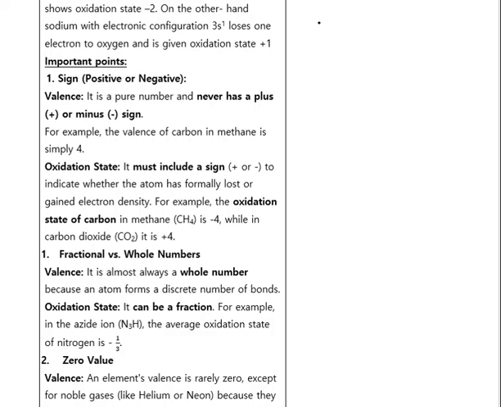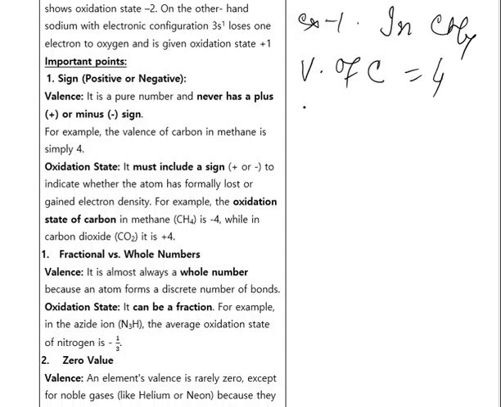Take an example. In methane, CH4, the valence of carbon is simply 4 and the valence of each hydrogen is 1.